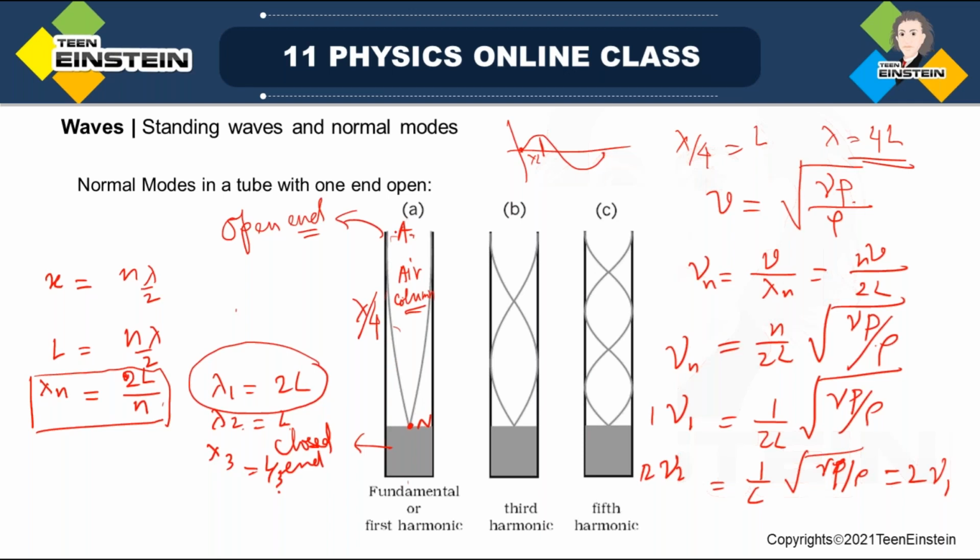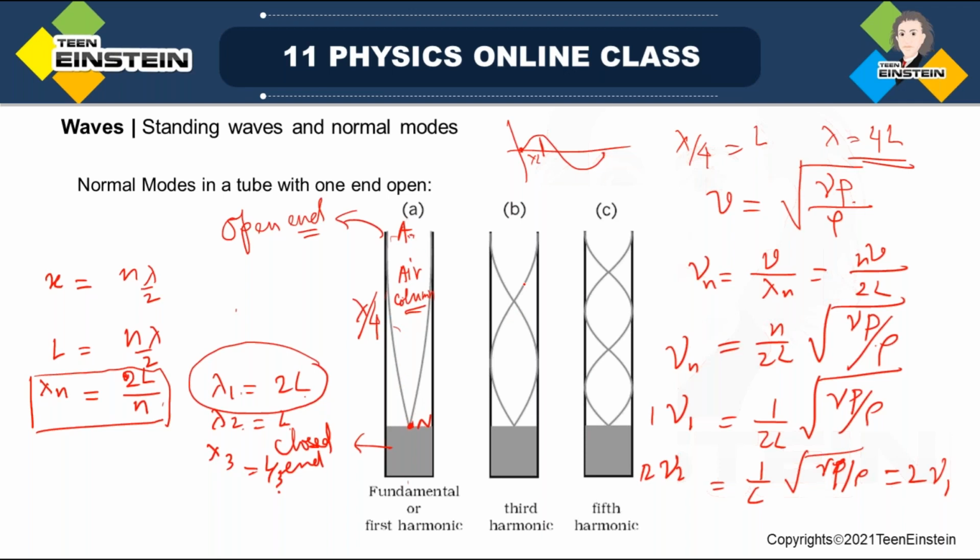So the whole length is lambda by 4. If you want to get lambda, then it has to be 2L. This is lambda by 4, so if you want to get lambda, the 2L has to come. I'm sorry, this is lambda by 4 itself.